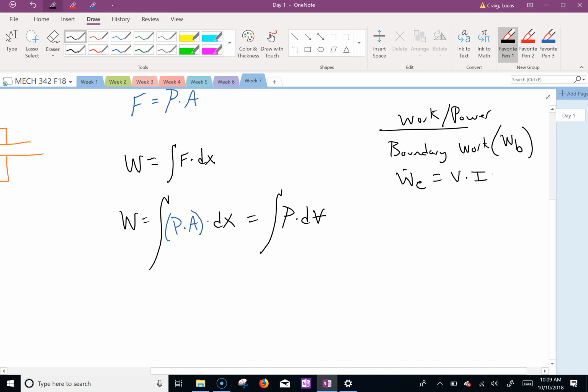What other work do we have? We have fluid work, we'll get to that in a minute. What are the other ones we used? Shaft, the spinning shaft.